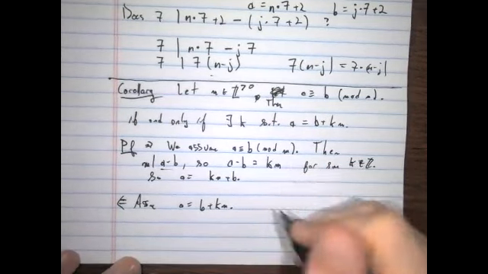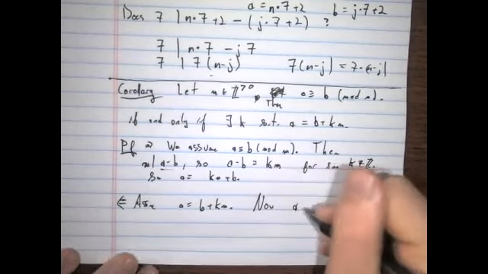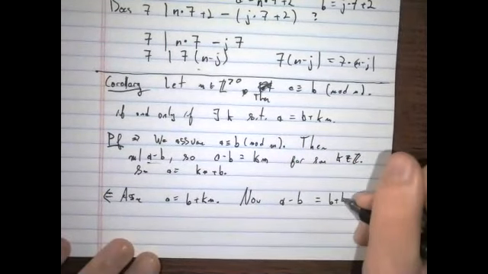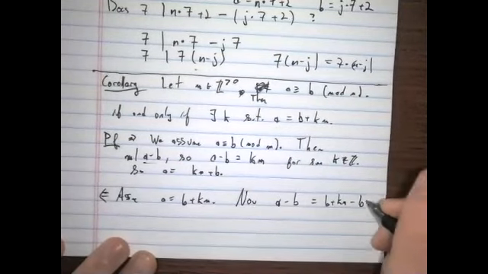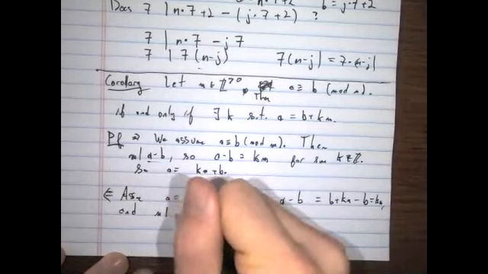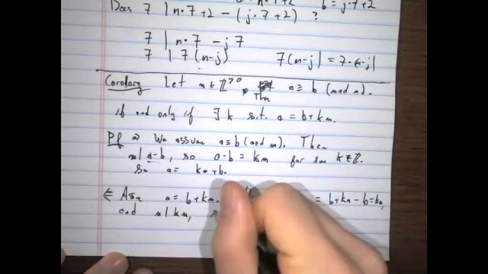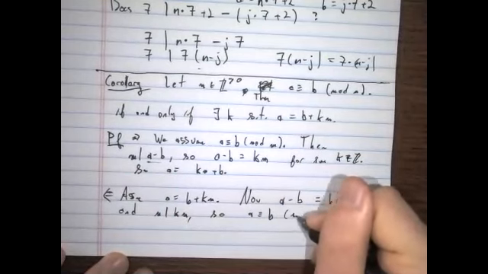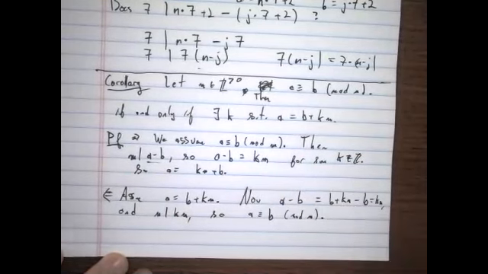So maybe I could say, now A minus B is equal to B plus Km minus B, which is equal to Km, and M divides Km, so A is congruent to B modulo M. Right, very easy.